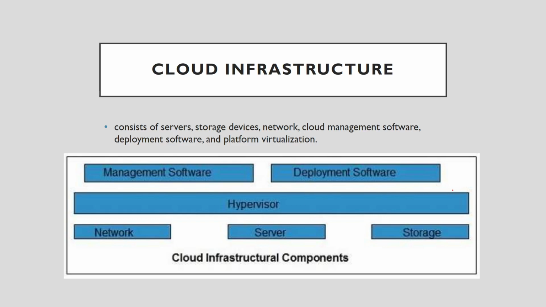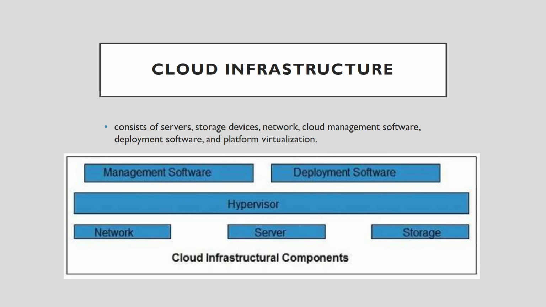Now, given the figure here, this hypervisor is a firmware or low-level program that acts as a virtual machine manager. So it allows us to share a single physical instance of cloud resources between several tenants.